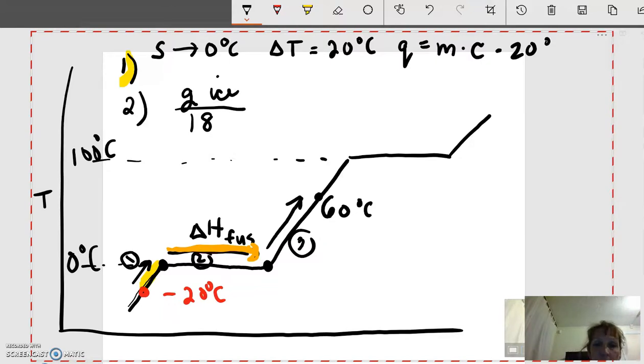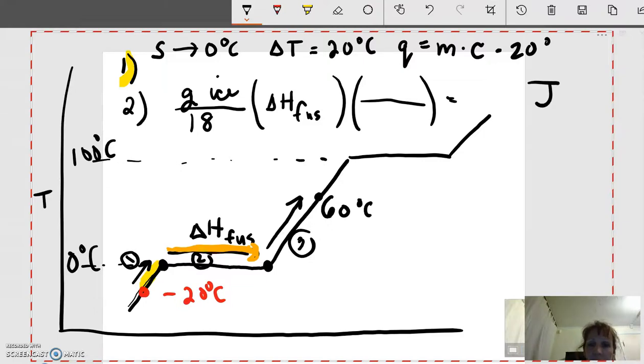Now you have moles of ice, and now you can multiply it by the molar heat of fusion. Remember, it will always be given to you. It's usually in kilojoules per mole, so you will need to convert that to joules. If it's kilojoules per mole, then you need to remember 1 kilojoule is 1,000 joules. Okay, so this answer will be in joules. The second step will be in joules.